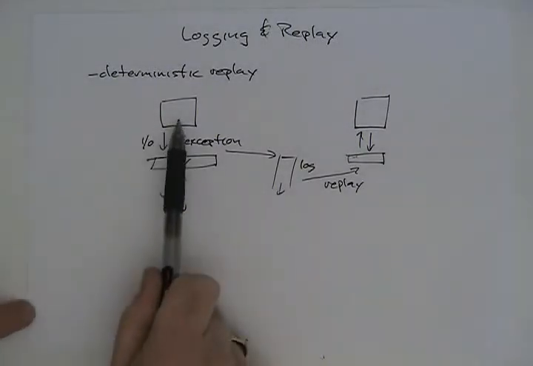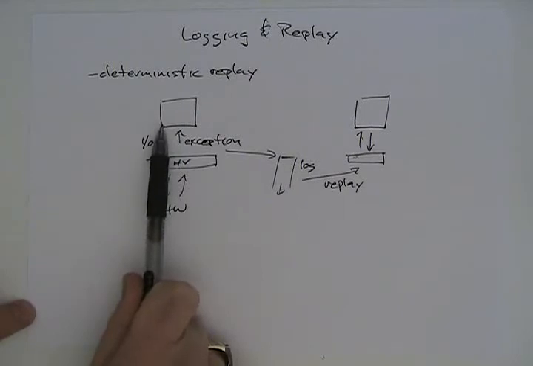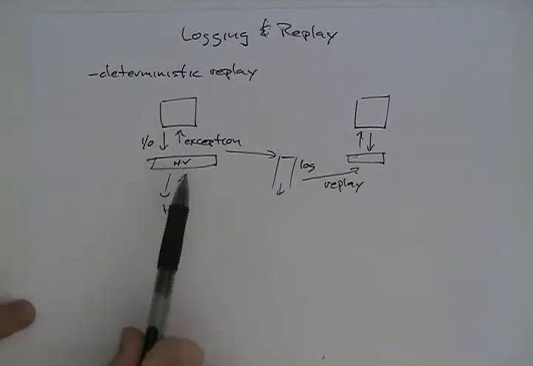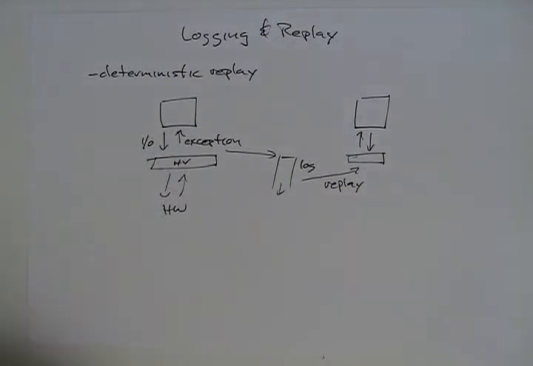And the key to that is to make sure that not only does each I/O get the exact same results, but to ensure that the exceptions get delivered to the guest operating system at exactly the same time.